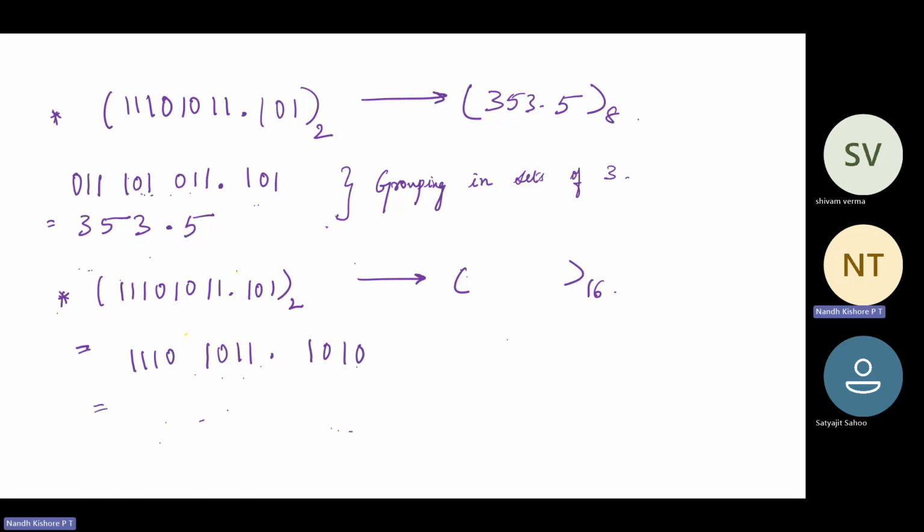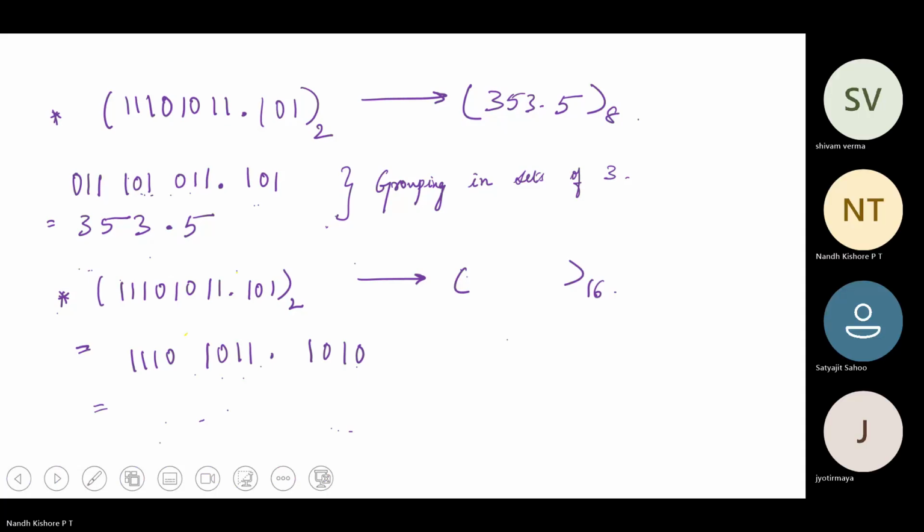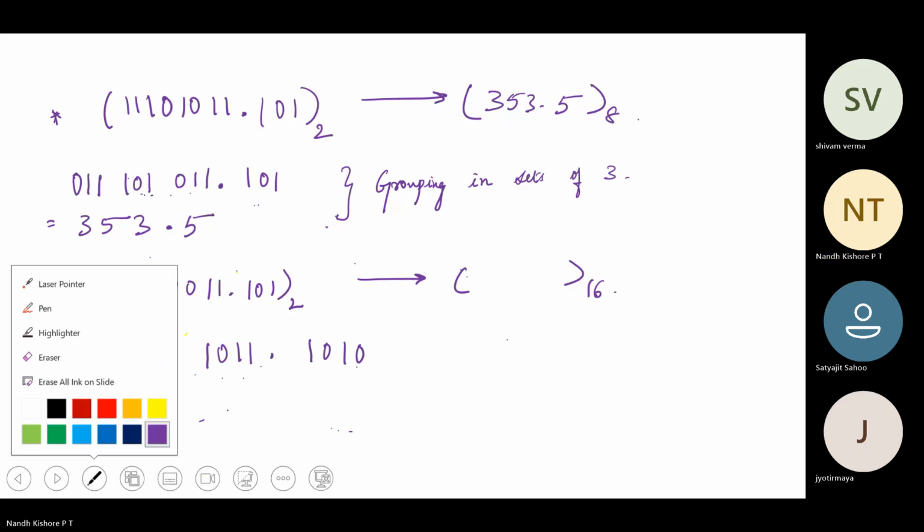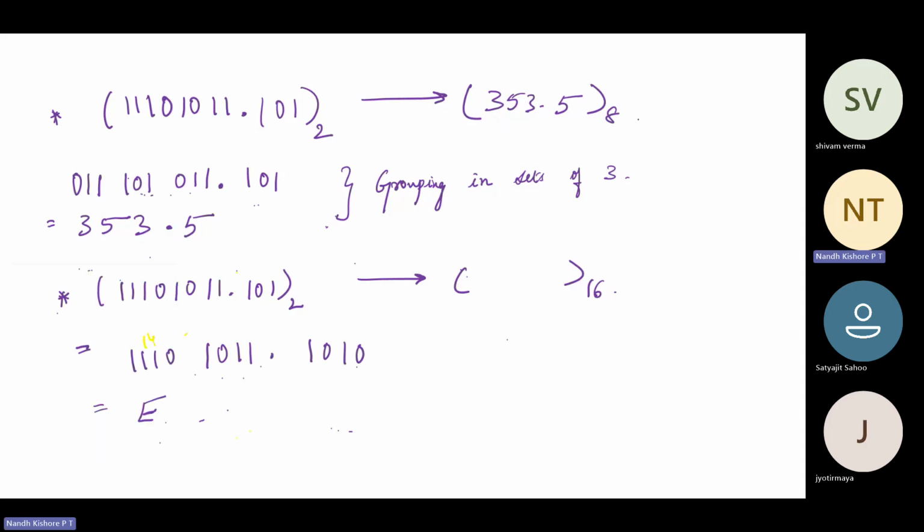So 1110 is 14, which is E, and 1011 is 11, which means this is going to be B, right?